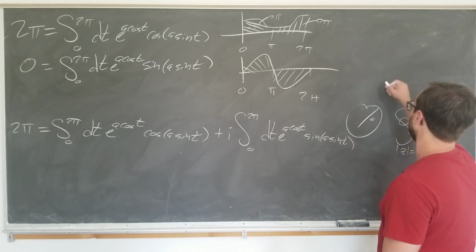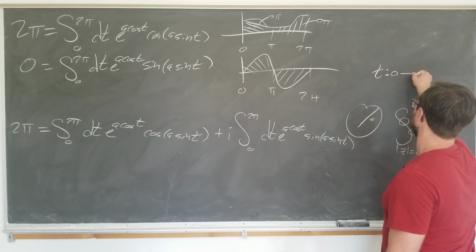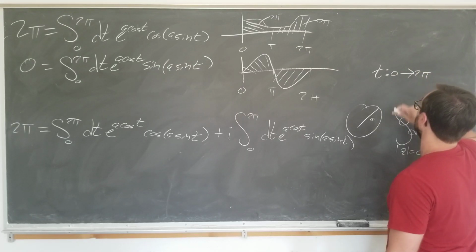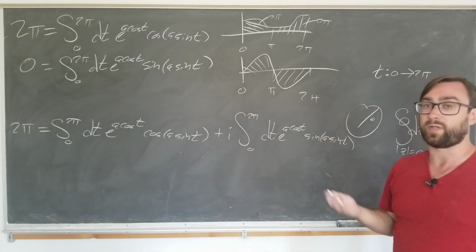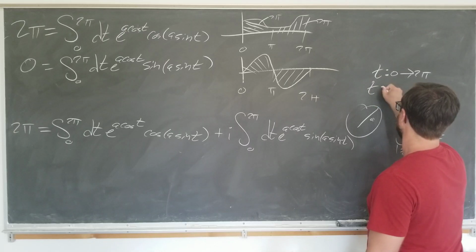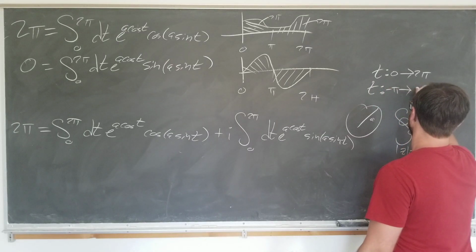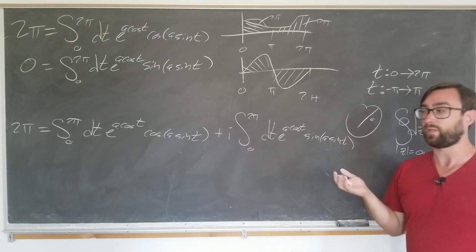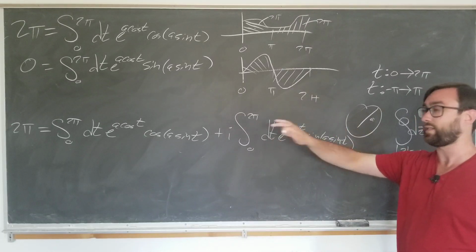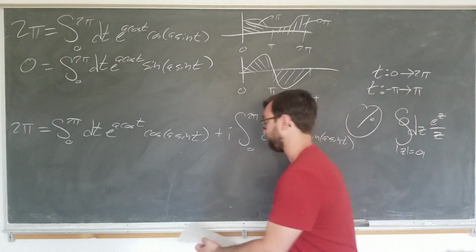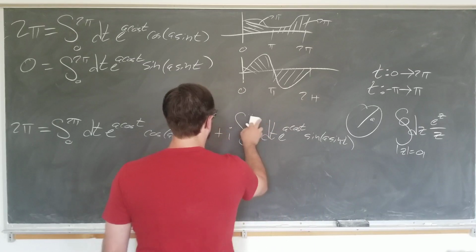So we currently let t go from 0 to 2 pi. This is okay because it goes counterclockwise and covers the whole circle. But why not let t go from minus pi to pi? We can also do that. It doesn't change anything except the limits here in this last step. Let's go ahead and change that.